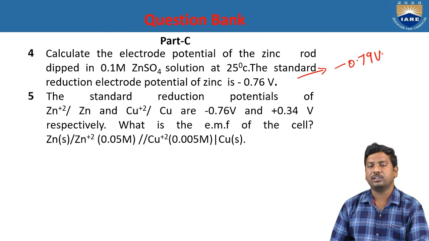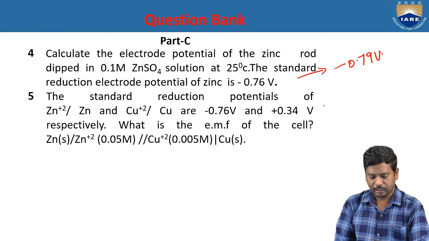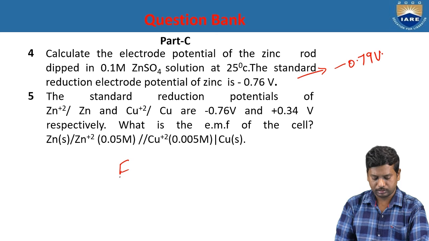Okay, and next one, the standard reduction potentials of zinc rod and copper rod are minus 0.76 volts and 0.34 volts respectively. What is the EMF of the cell when the zinc rod is dipped in zinc sulfate solution of 0.05 molar and the copper rod is dipped in copper sulfate solution of 0.005 concentration? So they give the standard electrode potential, that is E naught cell.